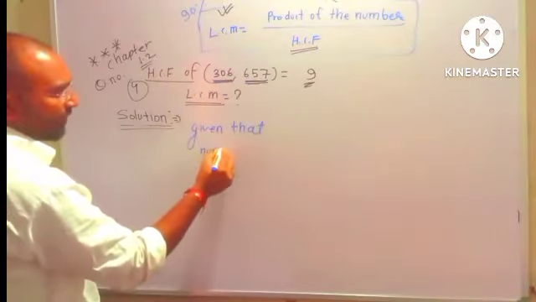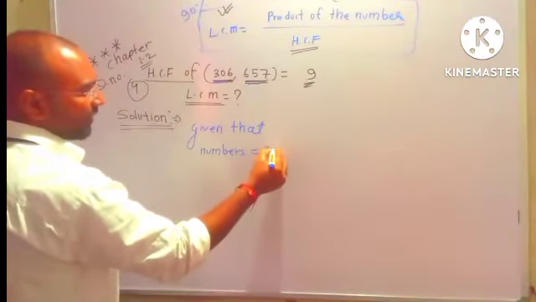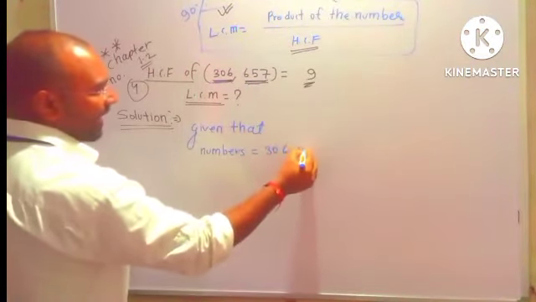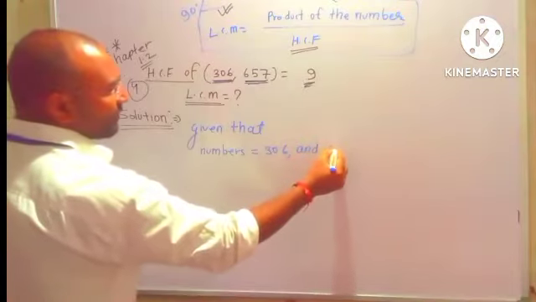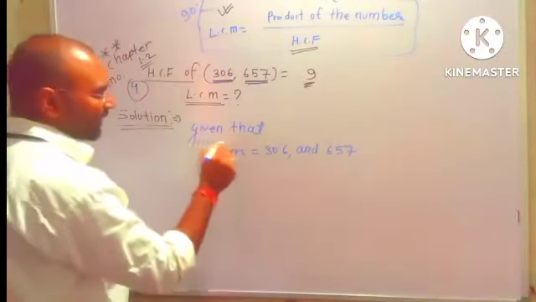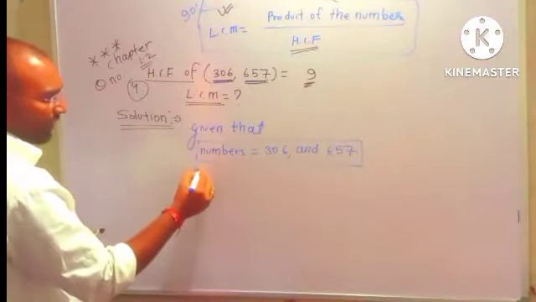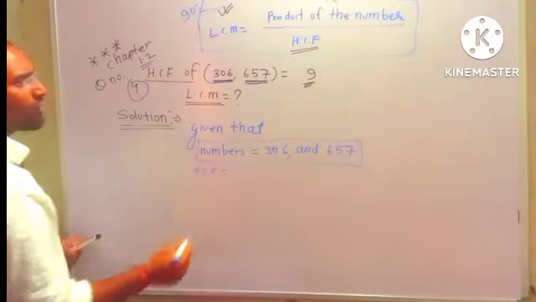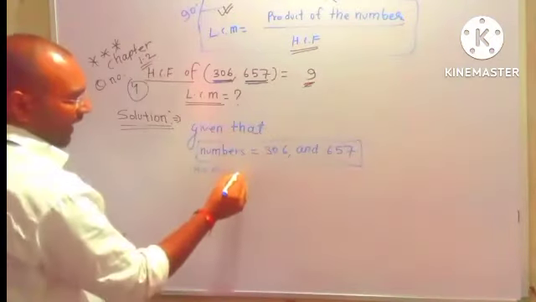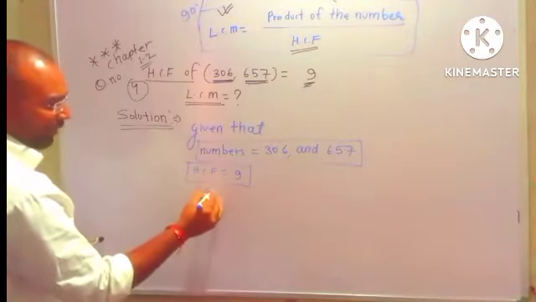What are the numbers? Numbers is equals to 306 and 657. Two numbers are given. And what's the next thing? HCF is also given. HCF is equals to how much? 9. HCF is equals to 9. What we have to find out?